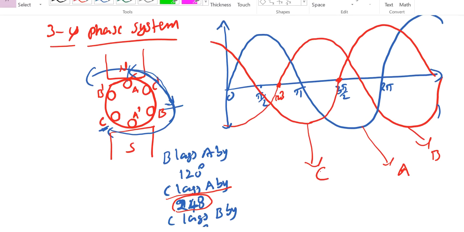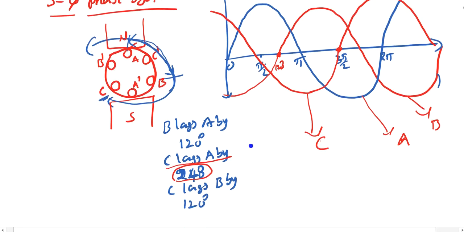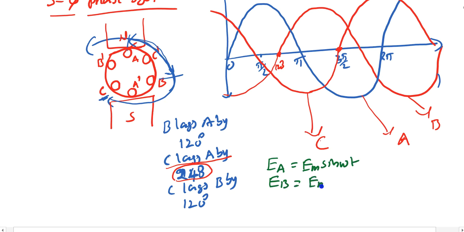And what is the EMF equation? How will you write the EMF equation for each one? I can write EA as Em sin omega t. EB is Em sin (omega t minus 120 degrees). And EC is Em sin (omega t minus 240 degrees).